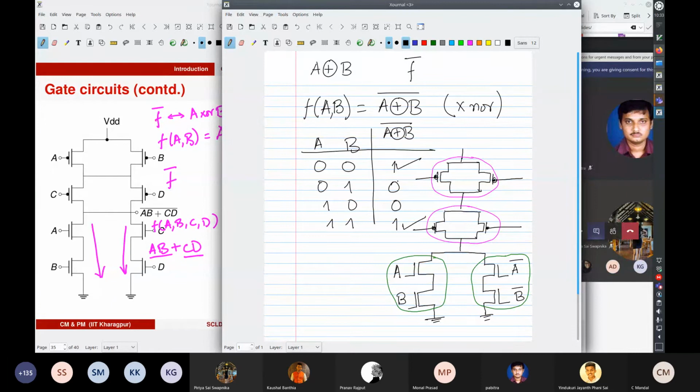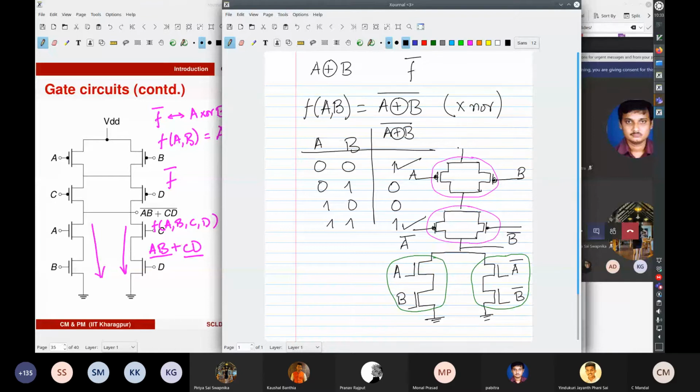So this is AB, okay? So I'm going to put AB here. And this is A bar, B bar. So I'm going to put A bar, B bar here. Alright. And this is my output line.